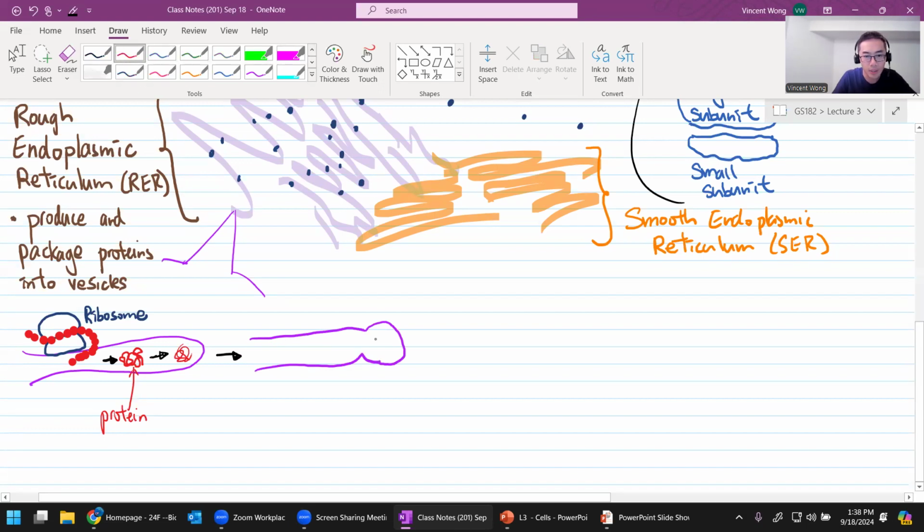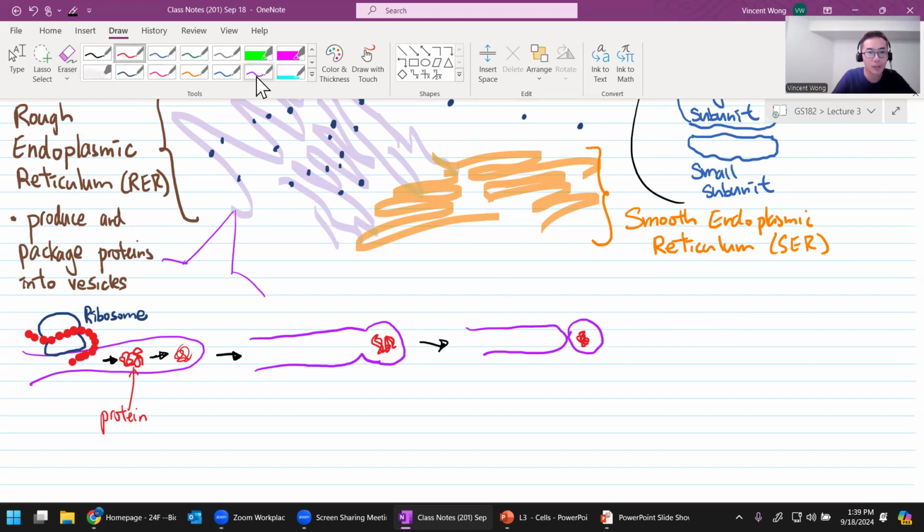Okay, so here's the protein edging towards the edge, and eventually, it is going to pull out so far that it causes a bit of the membrane to bubble off, right? And ultimately, it will detach.